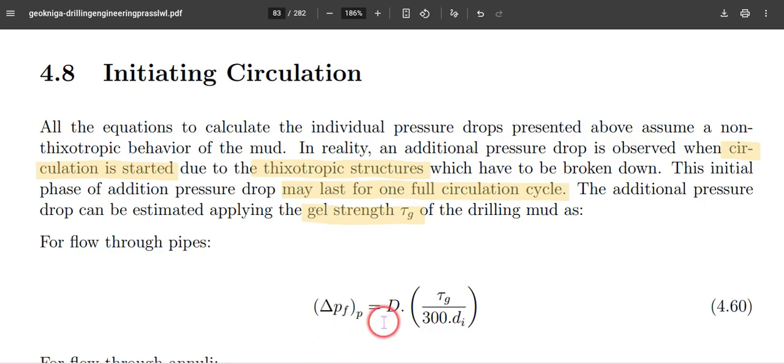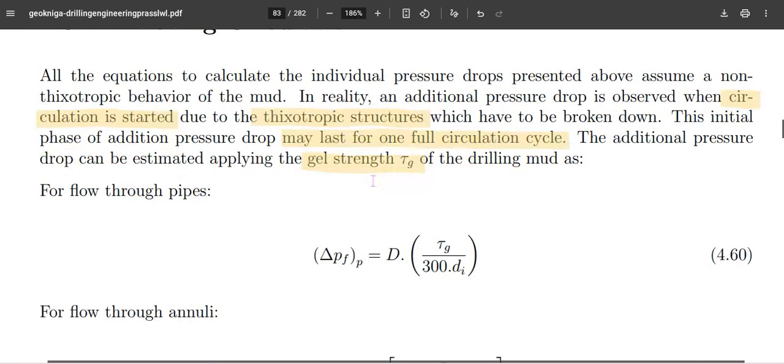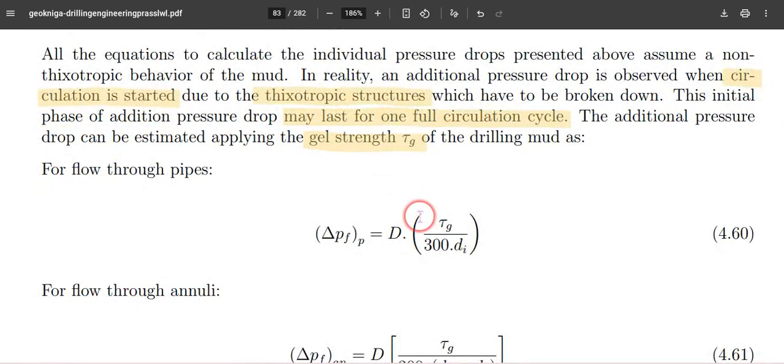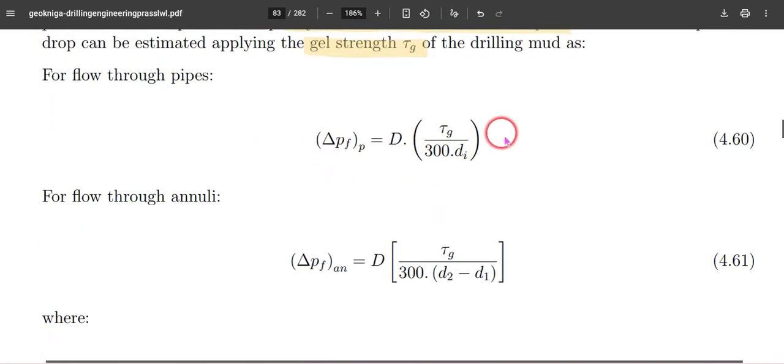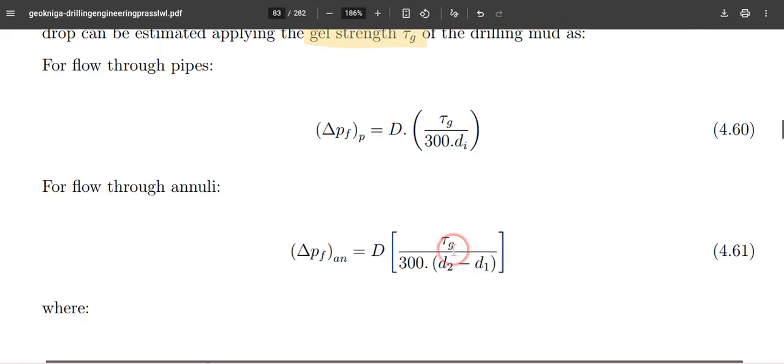That is proportional to the gel strength, and the gel strength is related to the thixotropic property of that particular non-Newtonian fluid. So the higher the gel strength, the higher the pressure drop initially required for initiating circulation. For pipe, this is based on the geometrical property, and this is for the annulus, based on the geometrical properties and the gel strength.